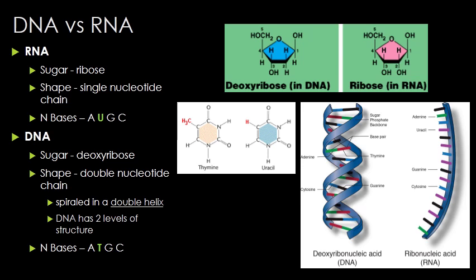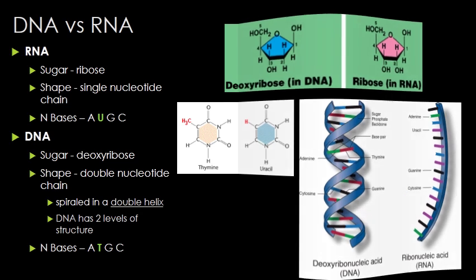In this case, DNA has both a primary, which is the sequence, and a secondary, which is the double helix. The last difference is that RNA uses uracil, whereas DNA uses thymine, which you can see in the image shown is not very different, but is one of the 3 major differences between DNA and RNA.